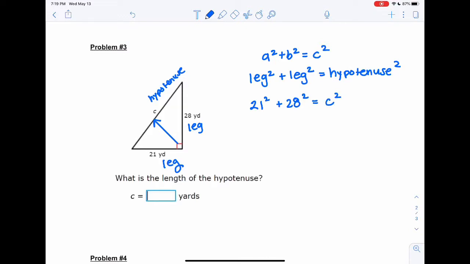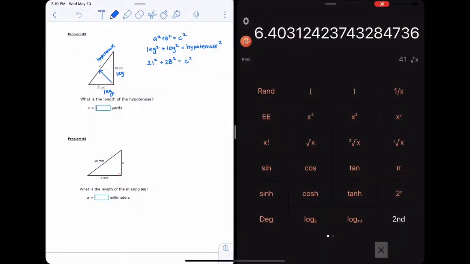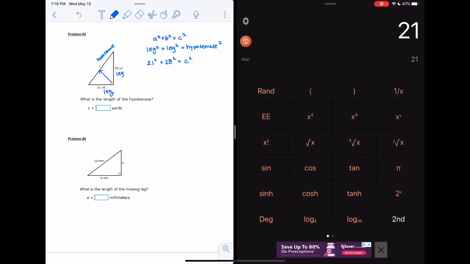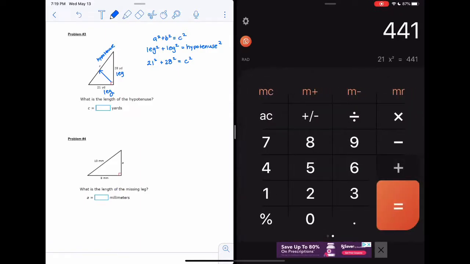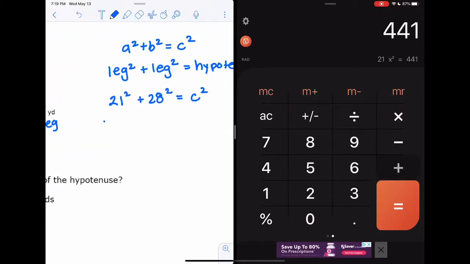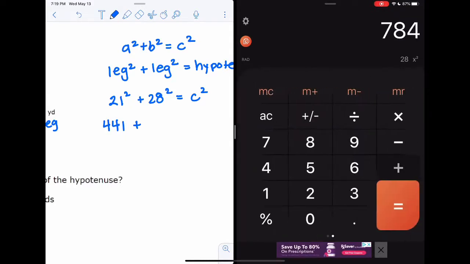All right, these are big exponents, so I'm going to use a calculator again and clear my work. So I'm going to do 21 squared equals 441. 28 squared is 784.